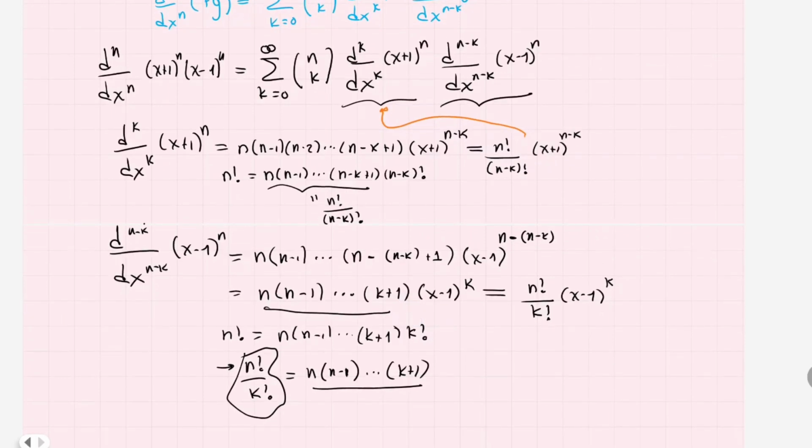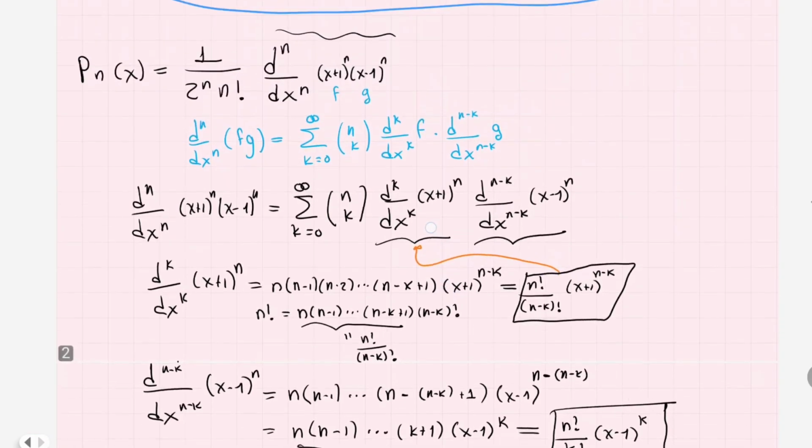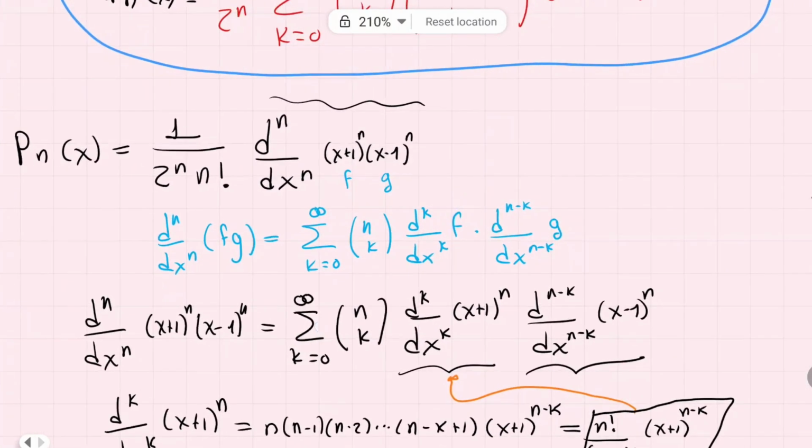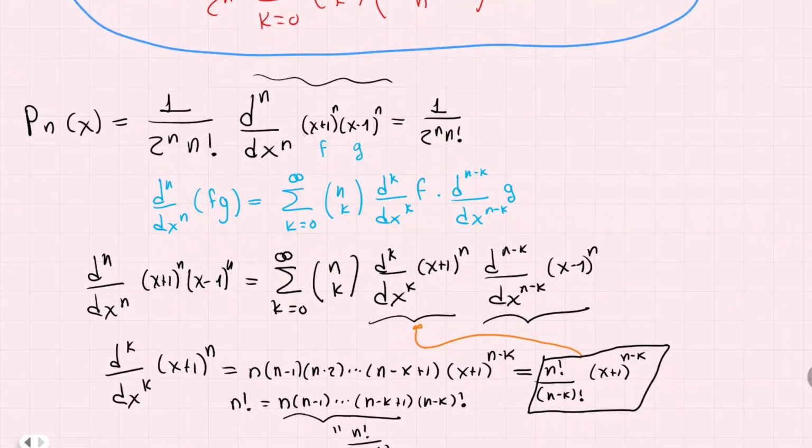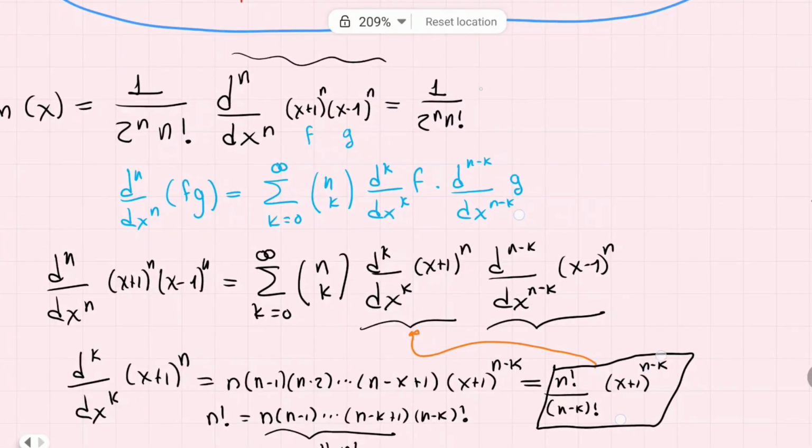Now with these terms that we just found, remember that this one and this one are for the derivatives. Okay, so we are going to get the Legendre polynomial equal to 1 over 2 to the n power times n factorial, and the derivative of this product, but that is the sum from k equals 0 to infinity of n choose k, and then the terms that we found.